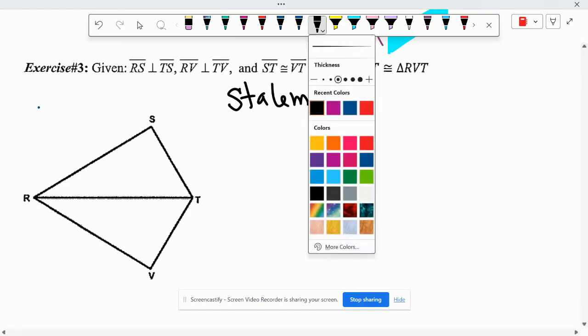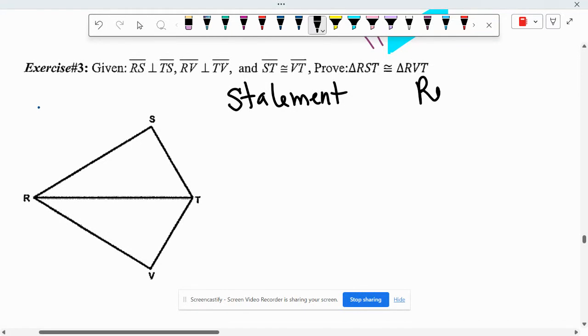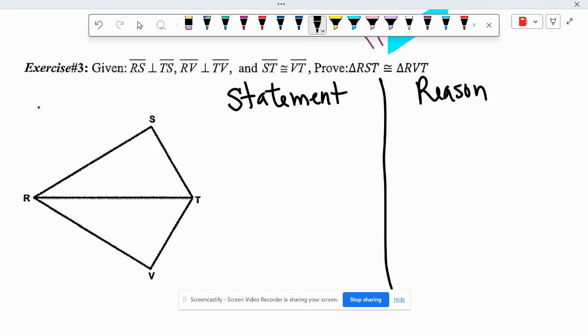You need to write this down. We're going to make two columns, statements and reasons. Whenever you use a statement that's given to you, your reason for using it is called given.